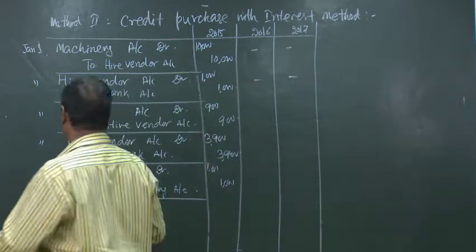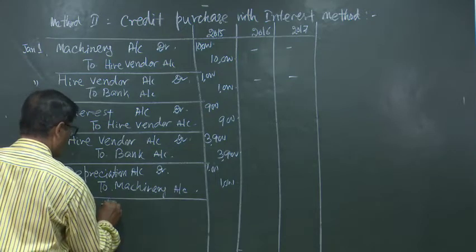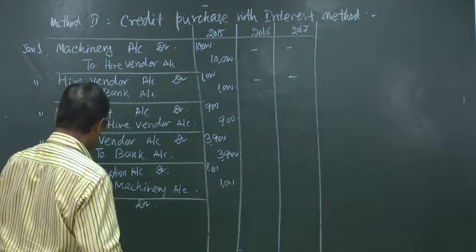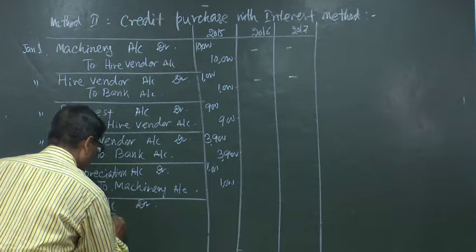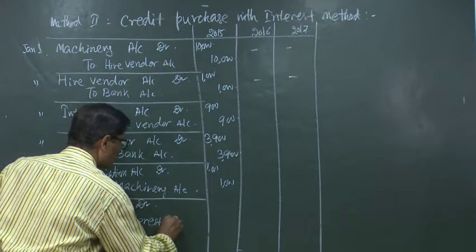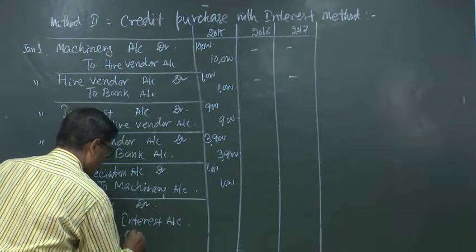So, let us write profit and loss account debited. Wait for the total amount, but first write profit and loss account debited to interest account, to depreciation account.